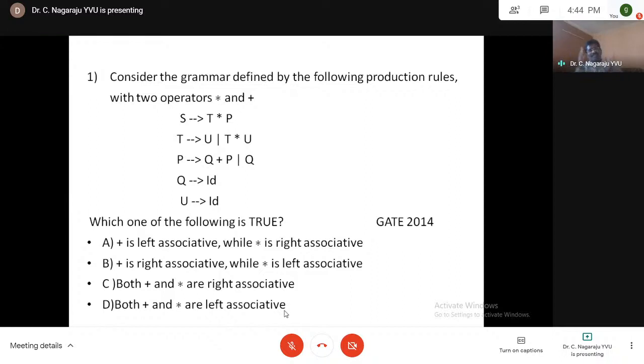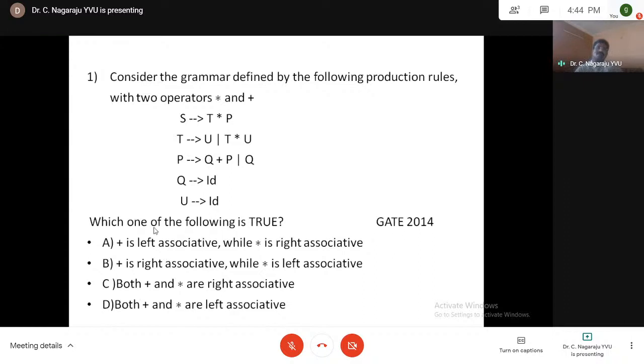In most cases there is one confusion here, even an intelligent student might be confused. Why? Because both are right associative or both are left associative would mean the evaluation is from left to right, with plus and star also executing from left to right. But this is not the correct answer.